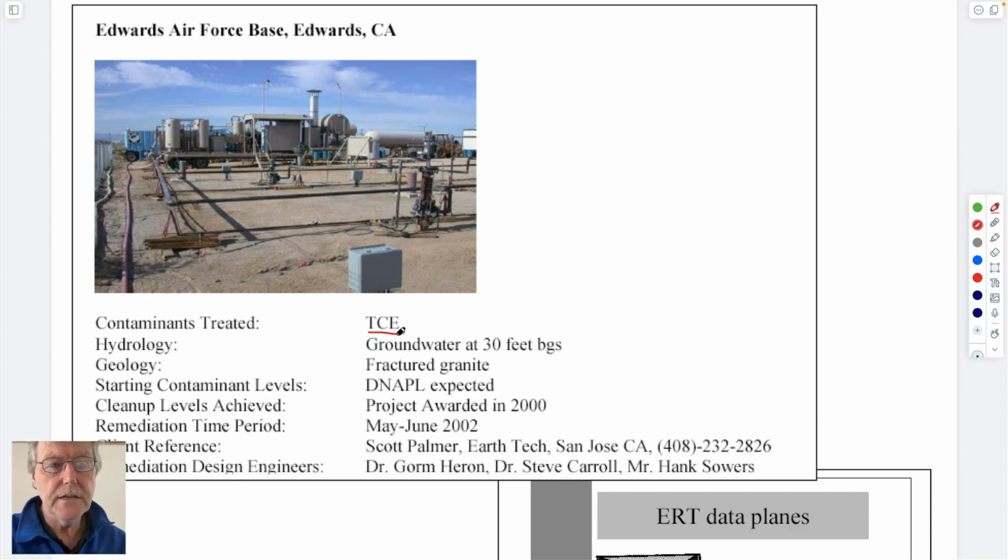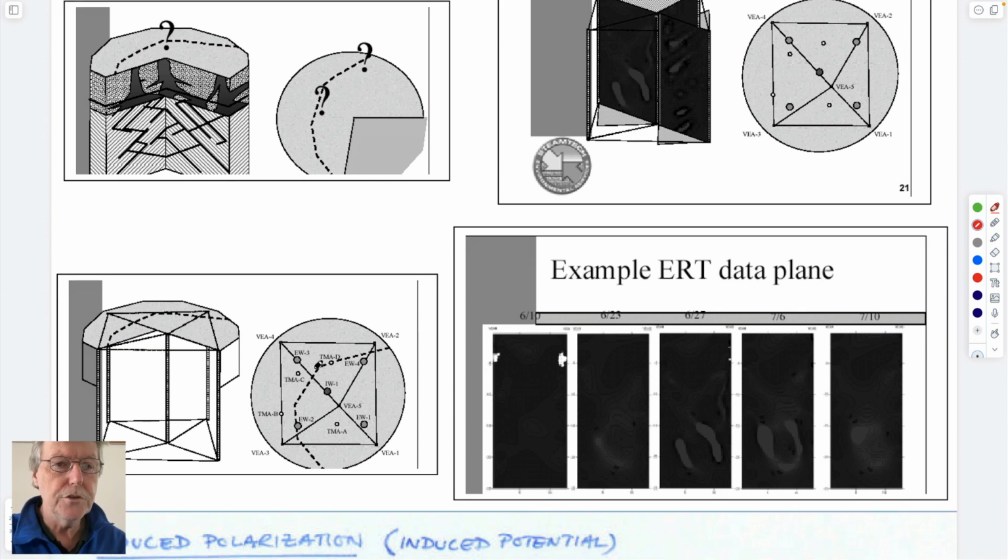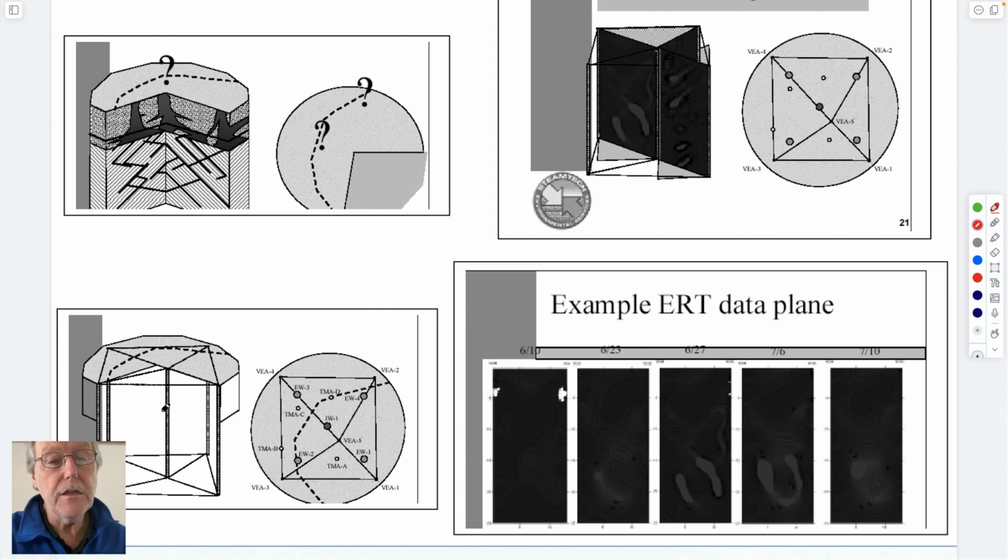And the idea is that at this site, you have DNAPL that got into the ground, fractures, and I think they were remediating it by steam flushing some boreholes to be able to vaporize the DNAPL in place. And one question that you have is whether you've actually cleaned up the site or not.